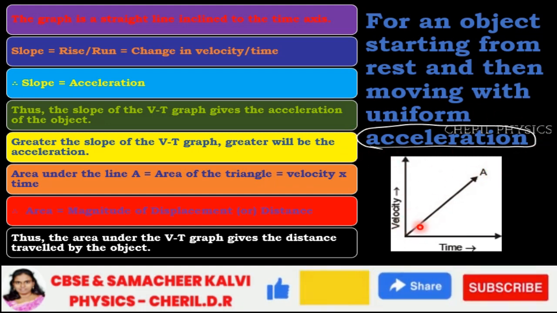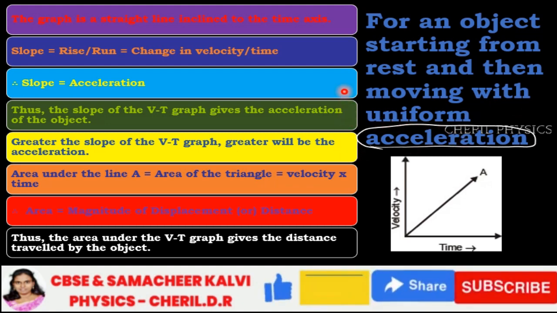If the velocity changes, that is acceleration, and this acceleration is uniform. The other case will be non-uniform acceleration. First we will see acceleration being uniform, and in this also we have two cases.